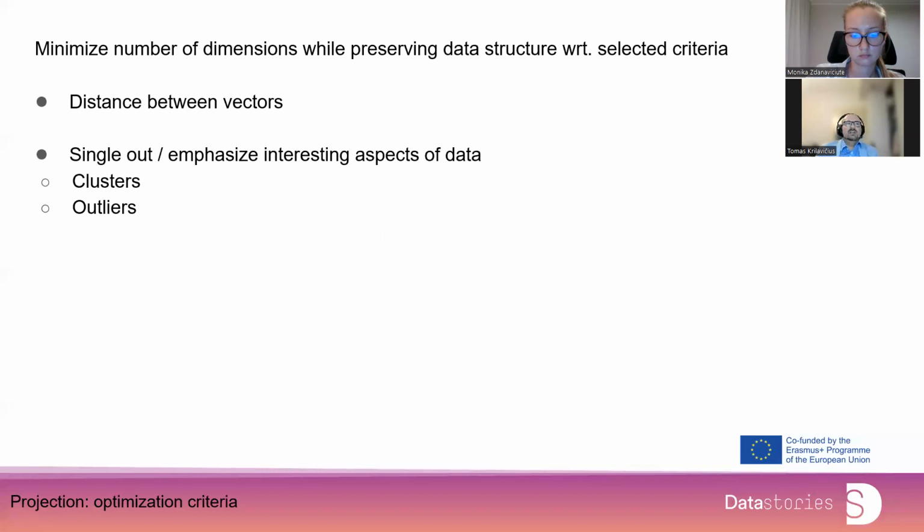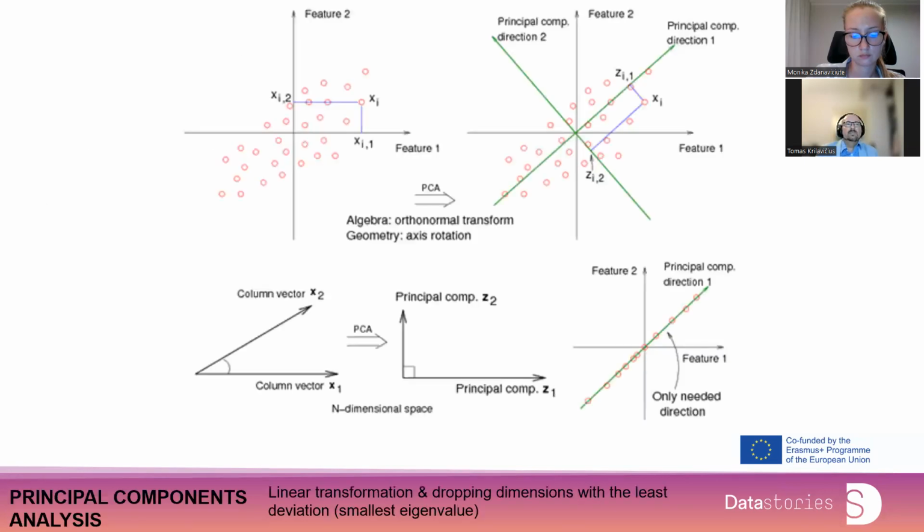What we usually try to do is minimize the number of dimensions while preserving data structure versus our selected criteria. Usually we look at the distance between vectors, or the distance between these objects in our higher or lower dimensional space. And of course, it allows us to identify interesting aspects of data: clusters, outliers, different patterns, groupings of these objects, based on which we can do something.